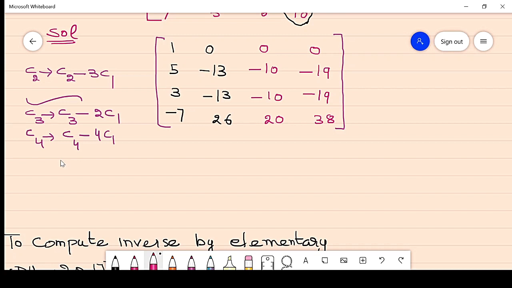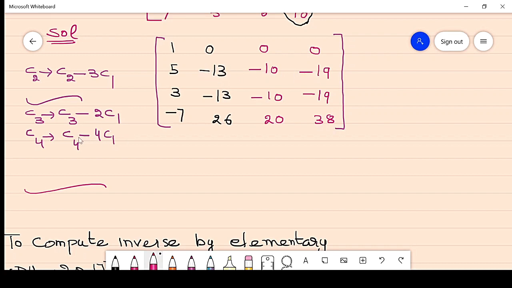So by using this operation, we get these values. Now my aim is that this diagonal term should be 1 and the other terms should be 0.